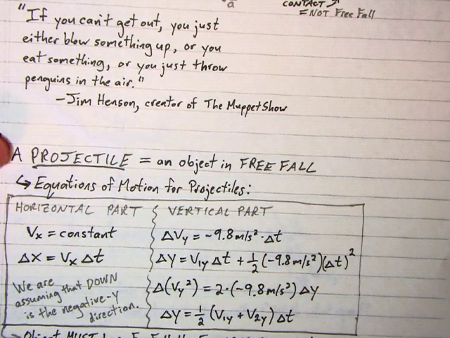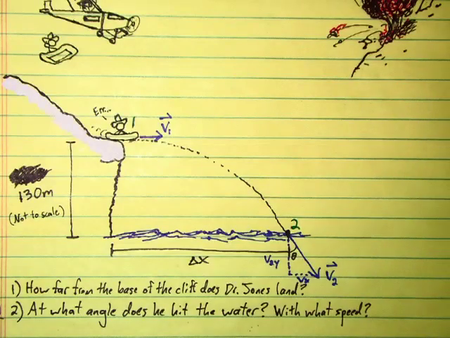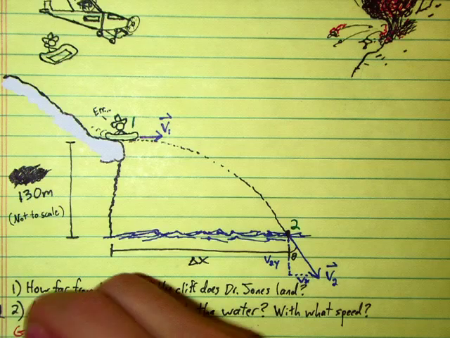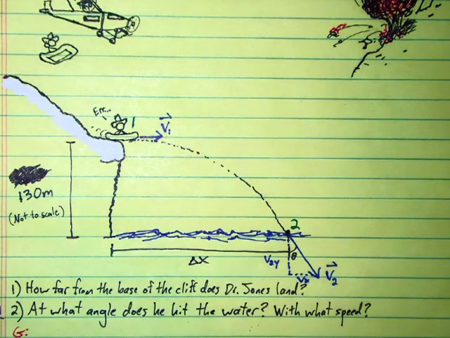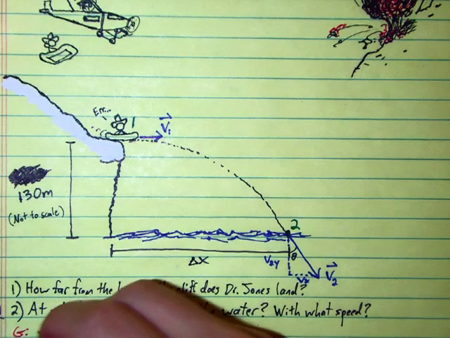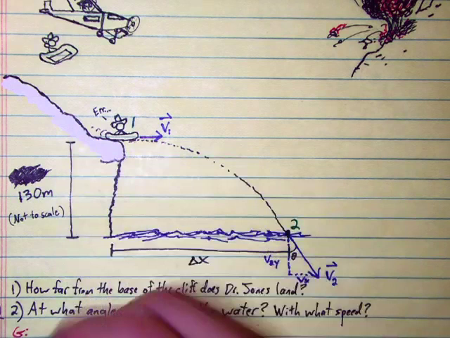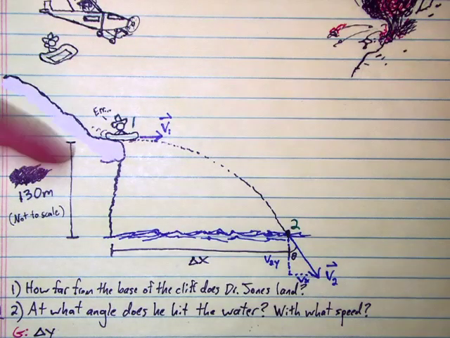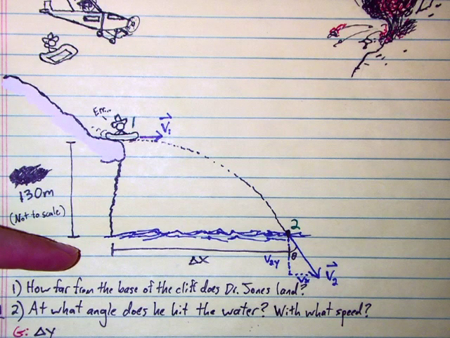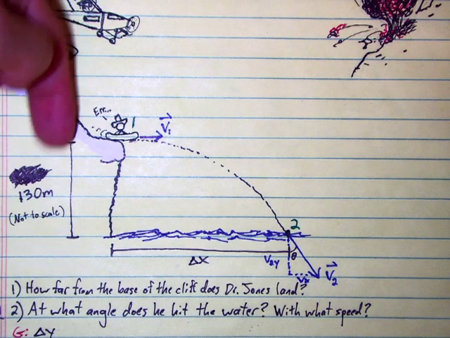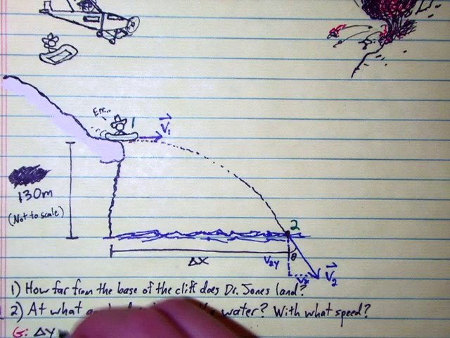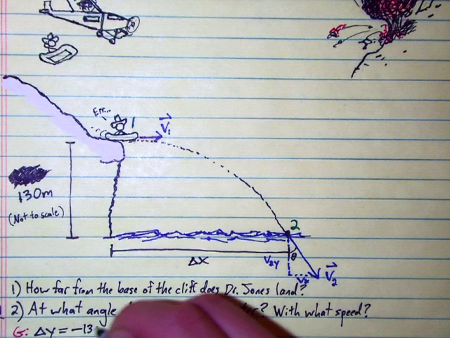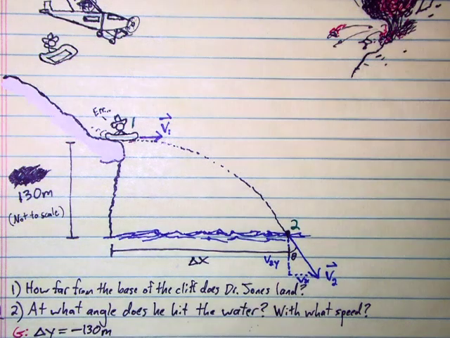Okay, in this problem, for our givens, we know that, let's see, the change in y between those two moments, well, he drops 130 meters, but he ends up lower than where he started. His change in y was downward, was negative, so delta y is a negative 130 meters.